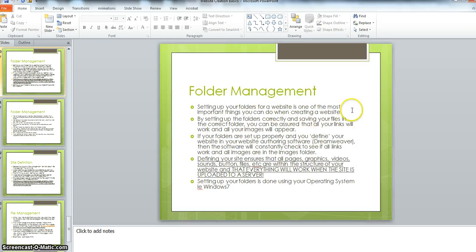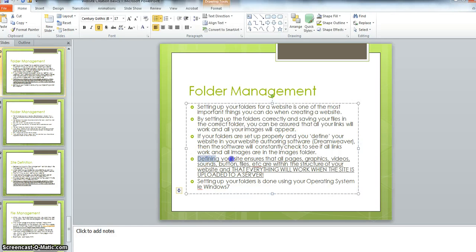When setting up your folders, it's really important that you do this correctly. If you do it correctly, it ensures that all your links, your images, and all your work and files will actually work when you access it from the internet.